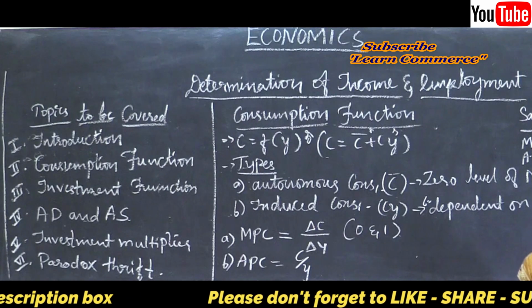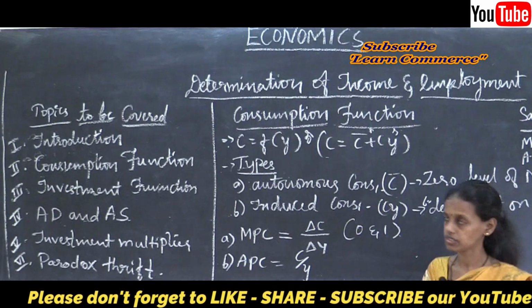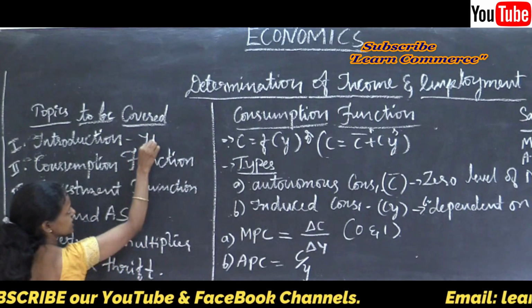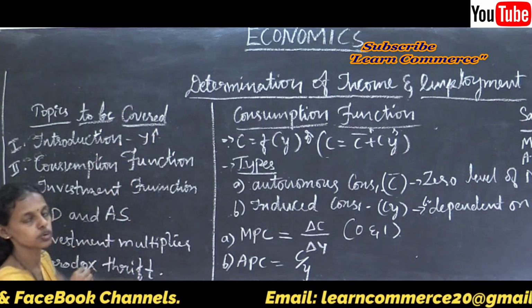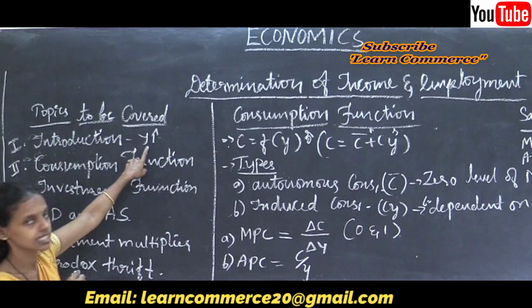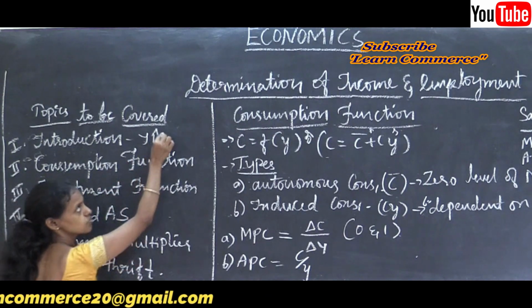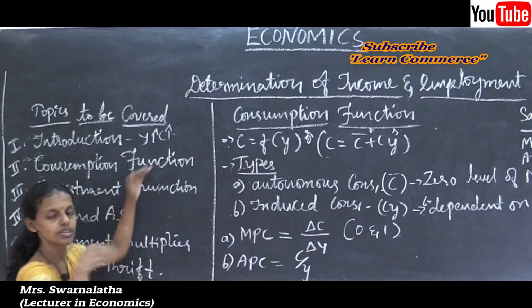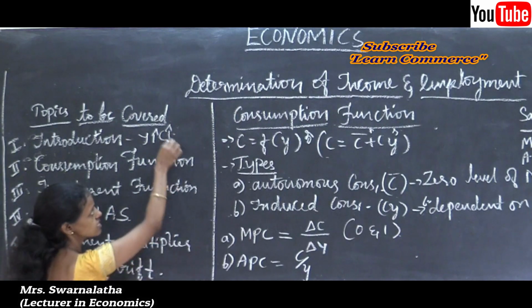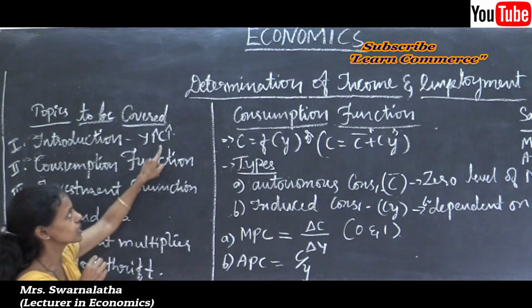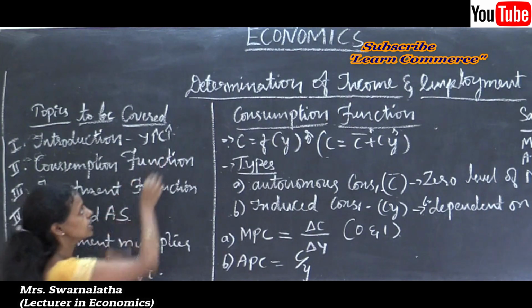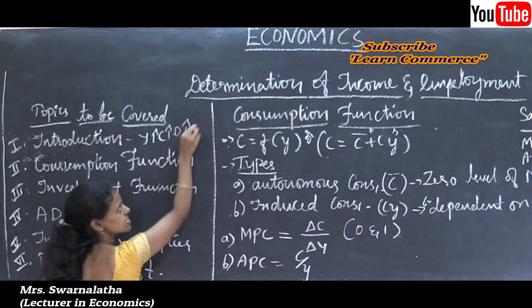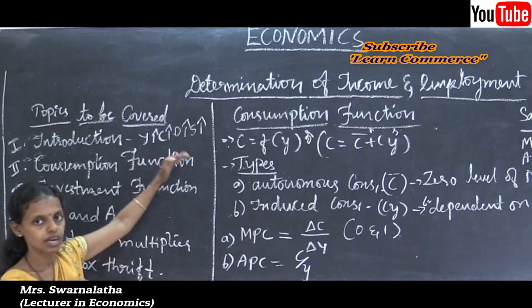For example, it has a multiplier effect. Suppose the income of an individual increases. In economics, income is denoted by Y. When income increases, consumption increases, and purchasing power of people also increases. When the consumption expenditure goes on increasing, supply of goods and demand for goods also increase.